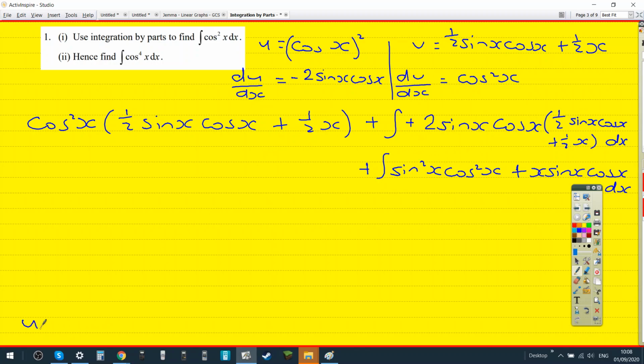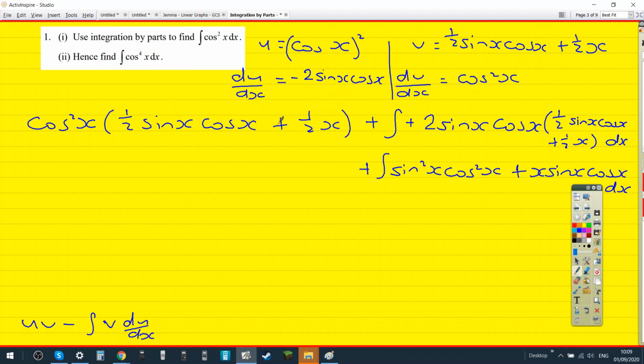What is it again? uv minus the integral of du by dx times v. Do you not have to expand out the uv part?